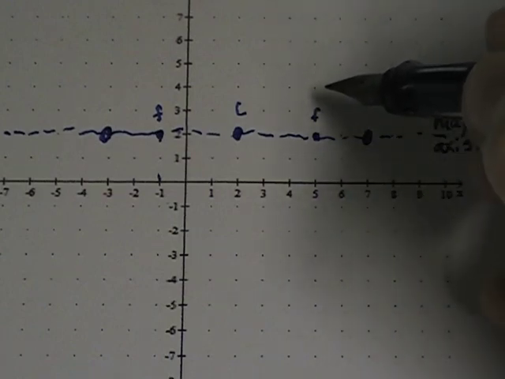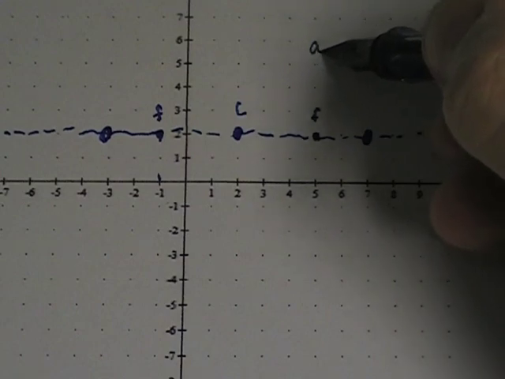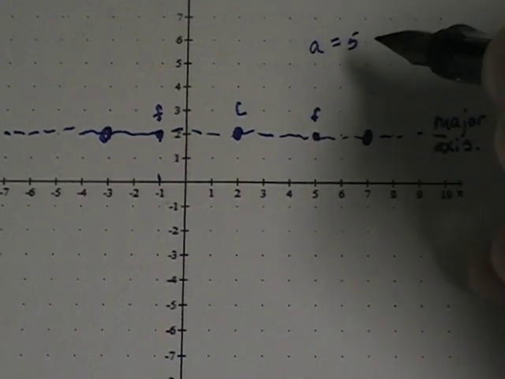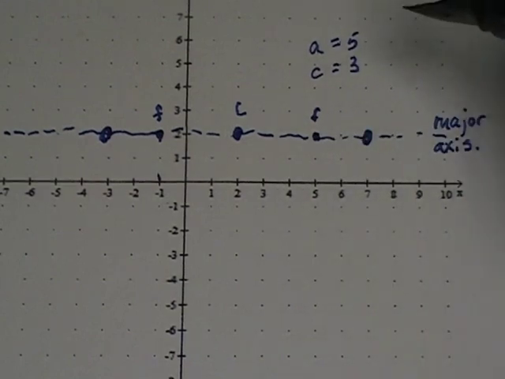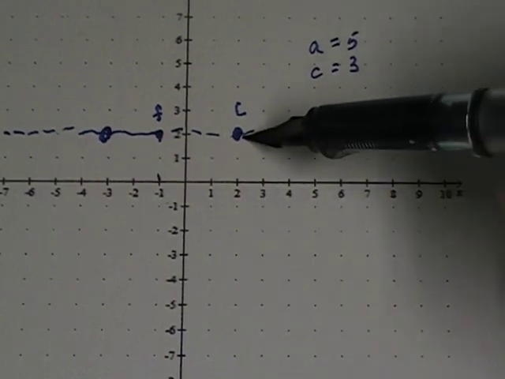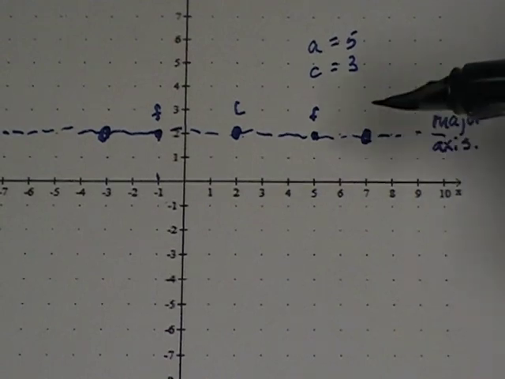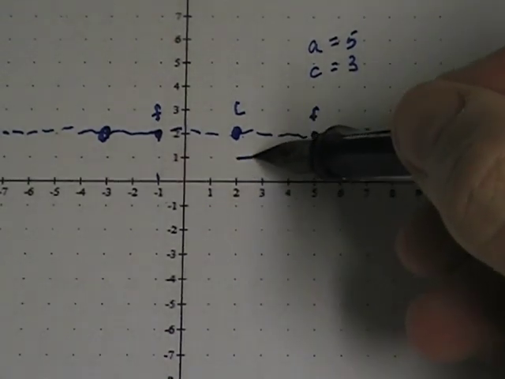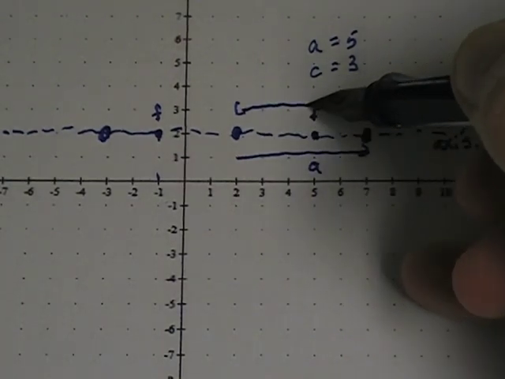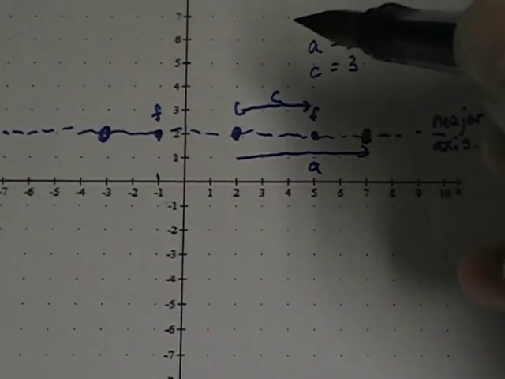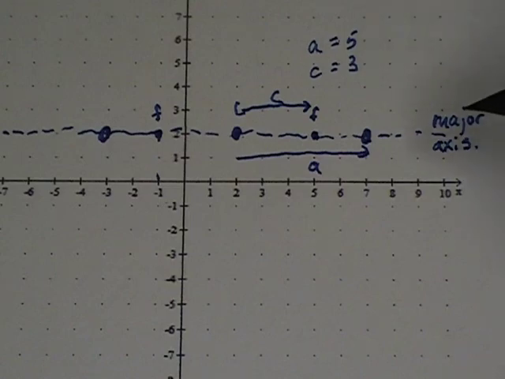So now, what do we know? We know A equals 5. We know C equals 3. Because from here to here is defined as A, from here to here is defined as A, and from here to here is the length C, which is the focal distance.